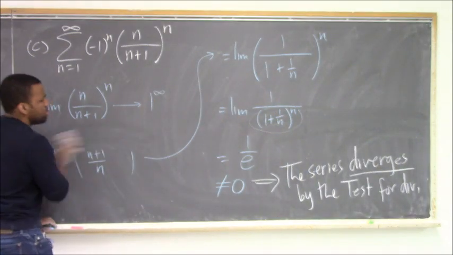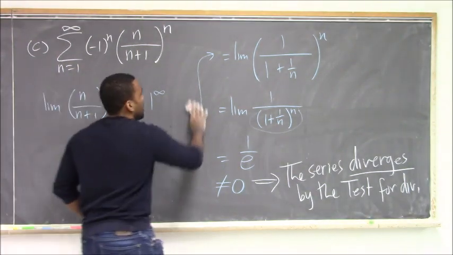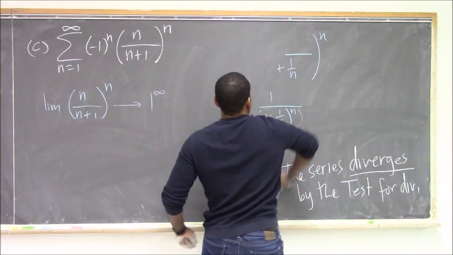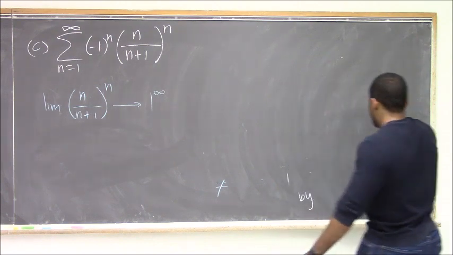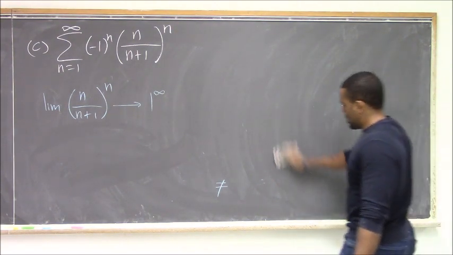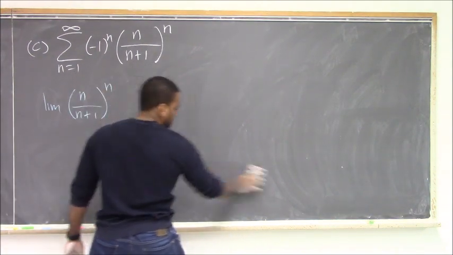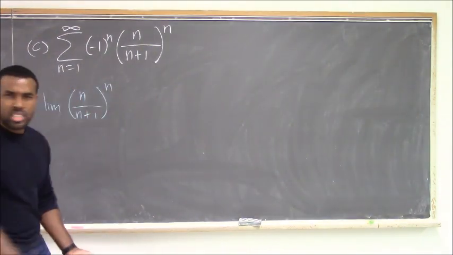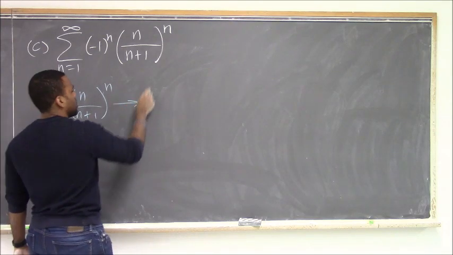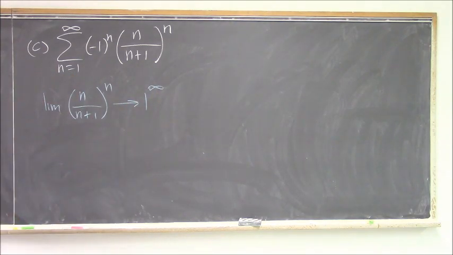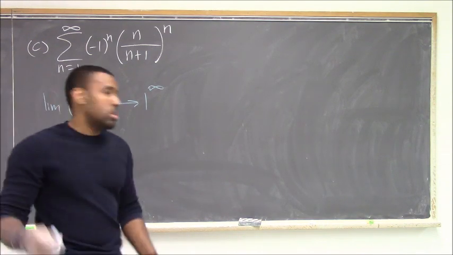So maybe you got to the limit this way. You could either notice the pattern that it's just a 1 over e limit, or you can go with what I was setting up before. This is approaching 1 to the infinity, so it's an indeterminate form. I need to rewrite it into a more convenient indeterminate form.